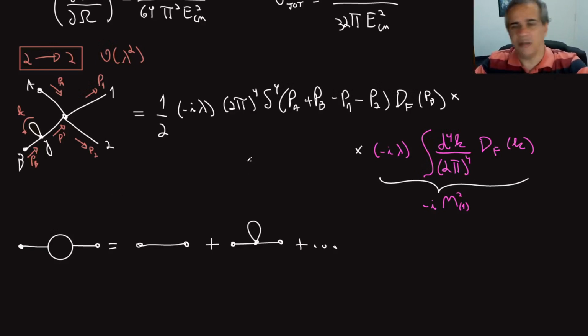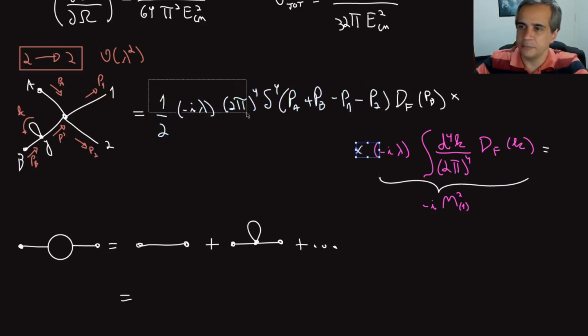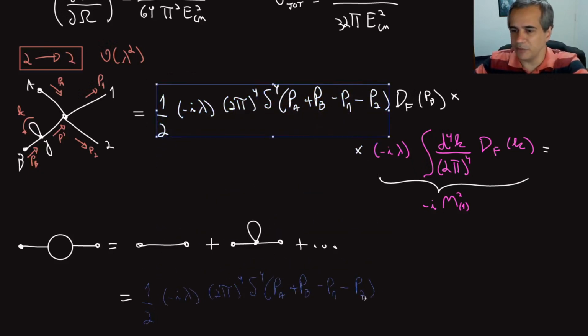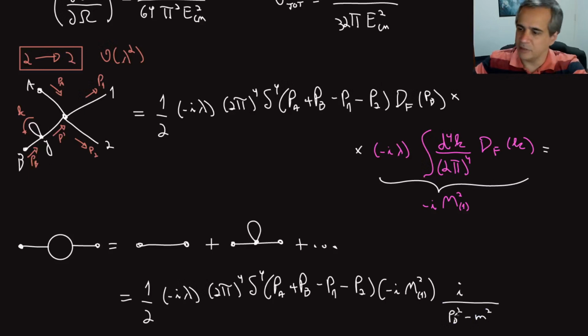And of course, there is a little bit of a problem here, right, that we have already discussed a few times, in that if I write this expression, let me just copy everything here. This part is fine. Then I have this function minus i M2 at order 1, right? And then I have this propagator, but this propagator now is kind of problematic because there's no integration in this momentum, pB, right?